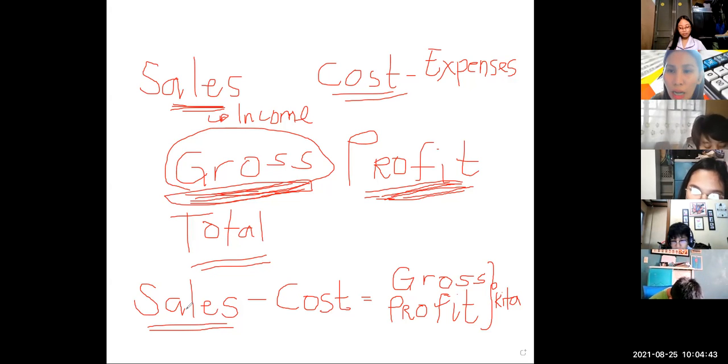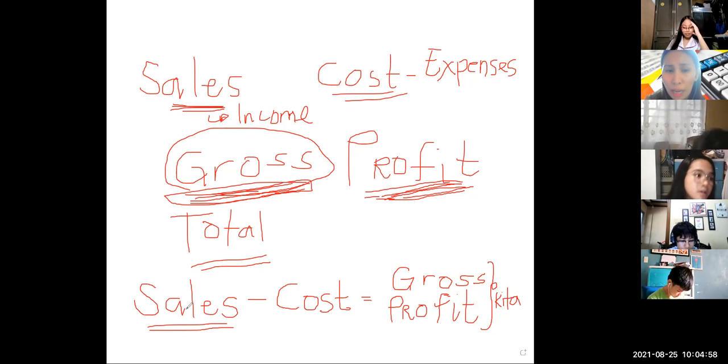Because we need to deduct. Hindi pwedeng hindi ibabawas. Mababawas siya, kailangan siya ibawas. By then, makikita nyo kung magkano lang yung total na masisave ng parents nyo. Total masisave ng guardians nyo.